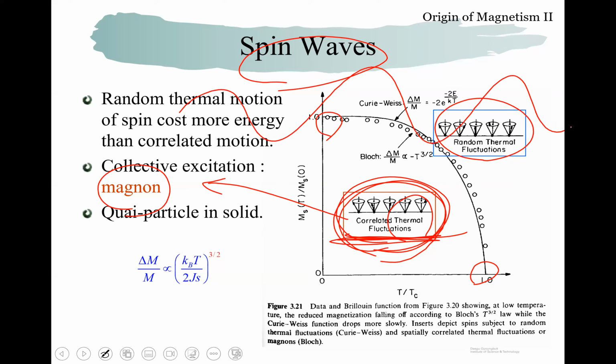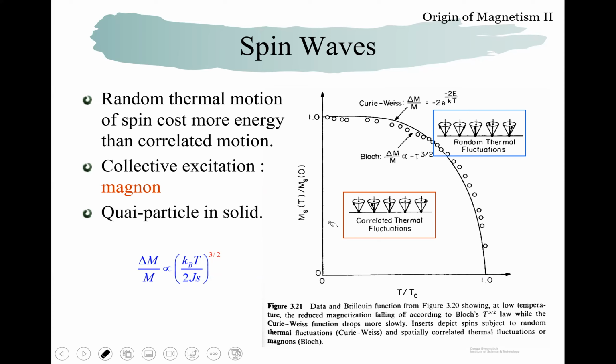So actually, I think we don't have enough time to explain too many details of the spin waves, but please keep in mind, spin waves play a very important role in many things in magnetism. And if you understand the phonon, then many parts of the physics of the phonon can be applied to the magnon, or vice versa.